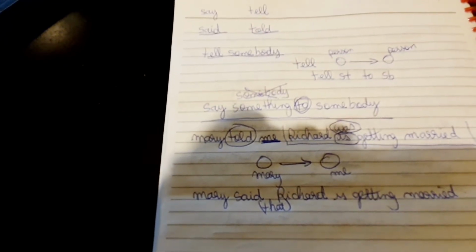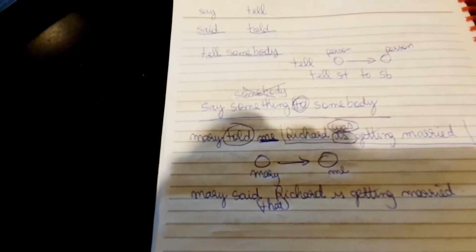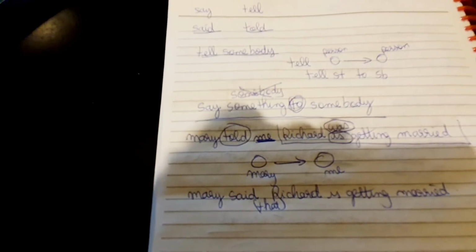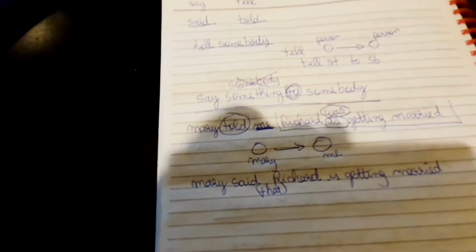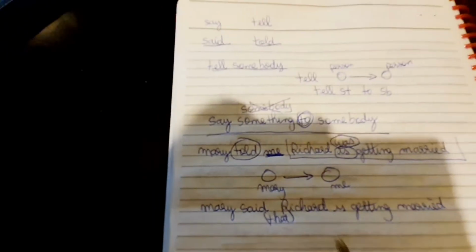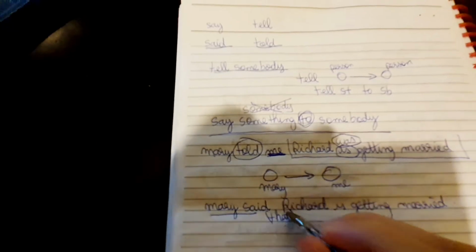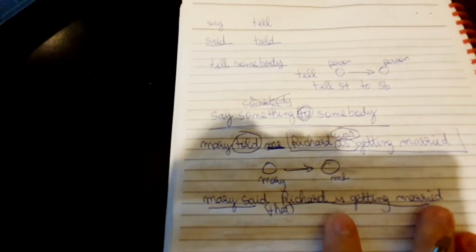I guess, yes, it's more likely a preposition. Yeah, it's not a pronoun. A demonstrative pronoun, for example, that book, this house, okay? So I use this to connect both sentences. Mary said, and Richard is getting married.